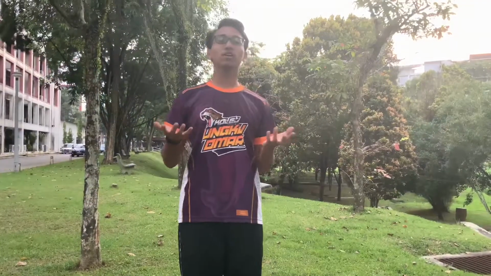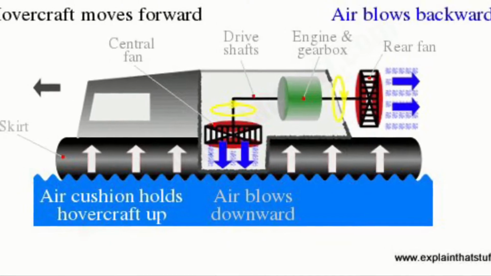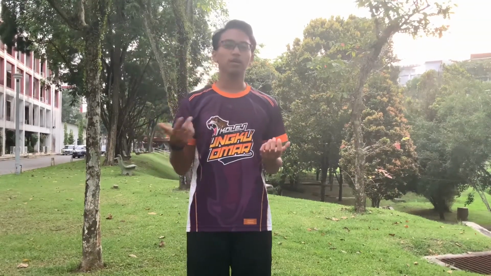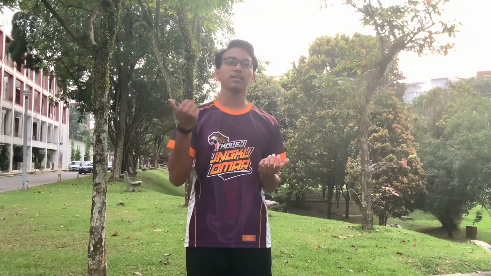So overall, our project has a hovercraft concept, then we also have a gyroscope sensor and camera. Our design was inspired by the hovercraft concept because it can move on land and water.